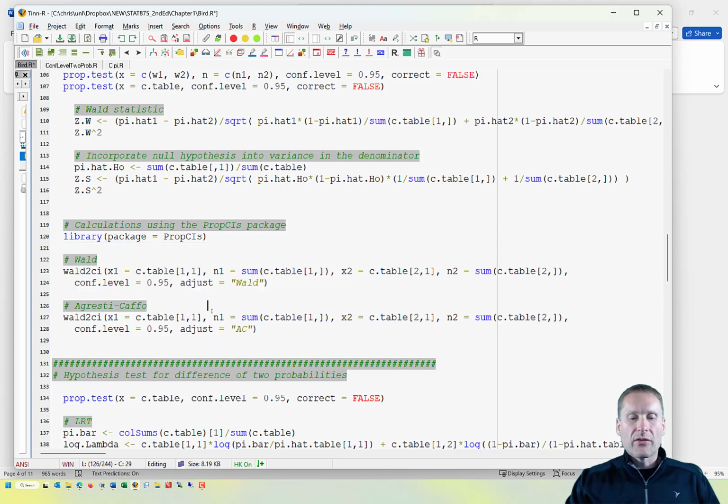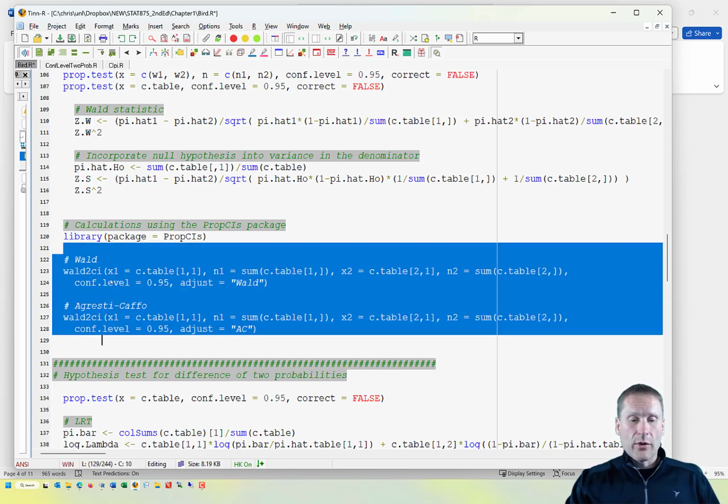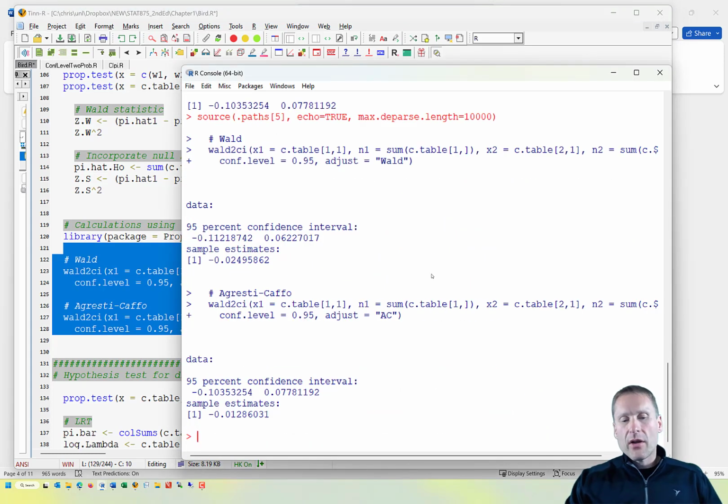Let me just also mention before I forget. Notice when you do use the adjust equal AC, you still use your regular old n1, your regular old n2 in here. You do not make the adjustment yourself. The function does it for you. And so if I run that code, we get exactly the same intervals as what we saw previously.